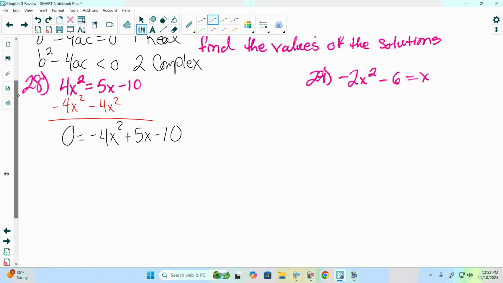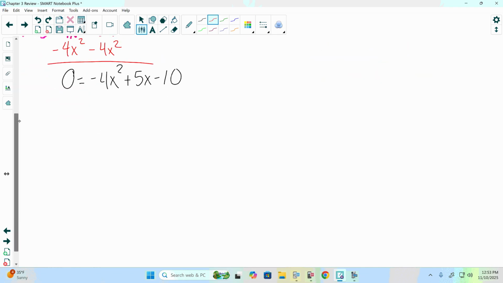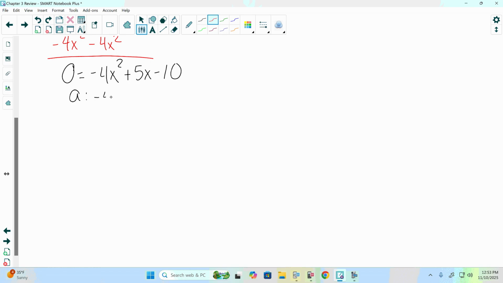One is to just move that 4x squared over. We subtract it from both sides. It's now equal to 0. The other option is to subtract 5x from both sides and then add 10 to both sides. I would rather move one thing instead of moving 2. Less work. A is negative 4, b is 5, and c is negative 10.